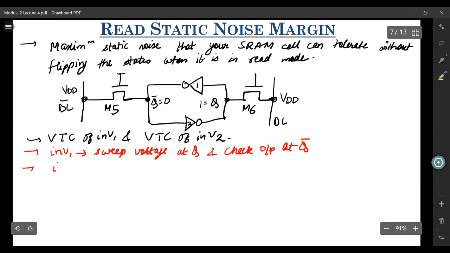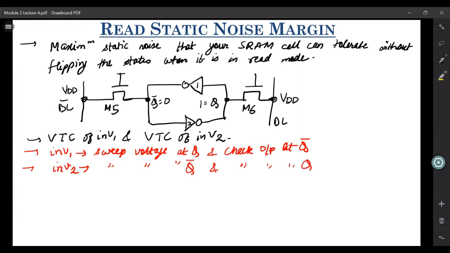Similarly, for inverter 2, we sweep the voltage at Q bar, which is its input, and check the output at node Q. This is how we first draw the VTC of inverter 1 and inverter 2 on the same axis. And then again, we try to fit in the maximum square inside those loops.